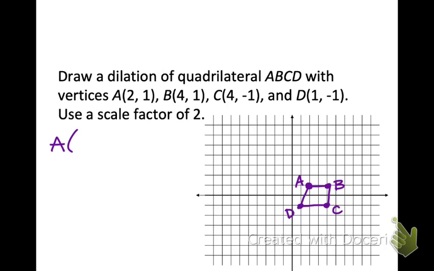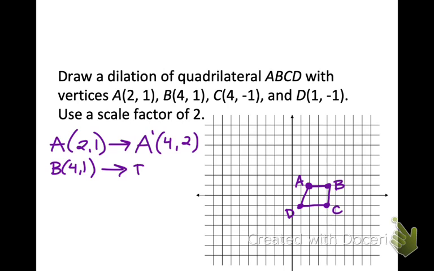So now this is how we do it. If my original point of A was at 2, 1, then the image of A, so an A with a little asterisk up here, will just be double those values. So just multiply by 2. So it would be 4, 2. If B was originally the point 4, 1, what would be the image of B? 8, 2.